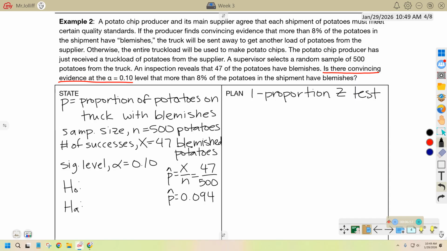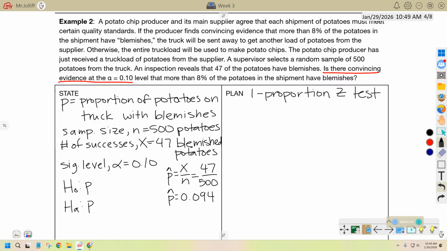And then the hypotheses. So hypotheses should involve the population parameter of interest. We're using a P. Hypotheses should use the claimed population value from the word problem. What is the proportion of blemished potatoes that we're claiming in the problem? 8%.